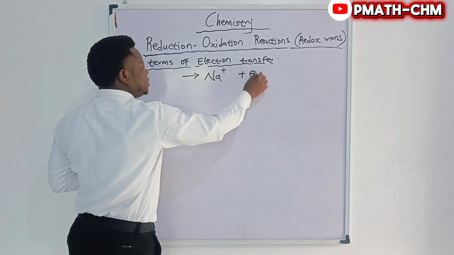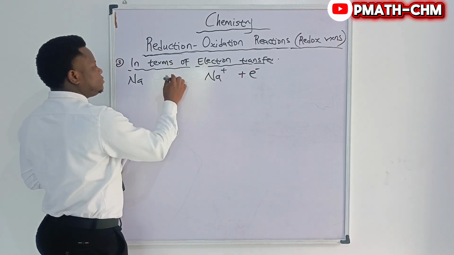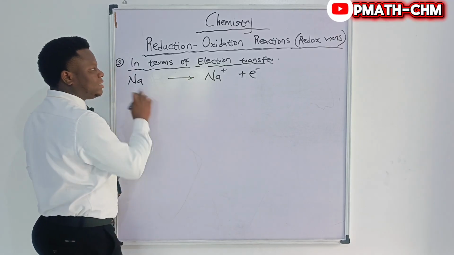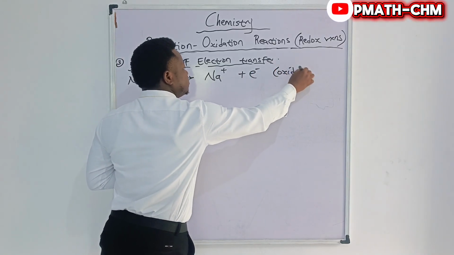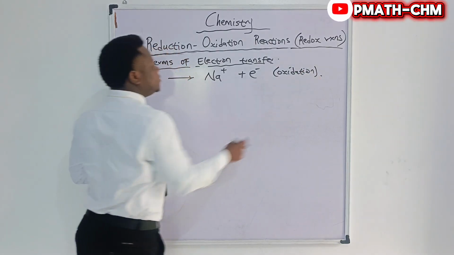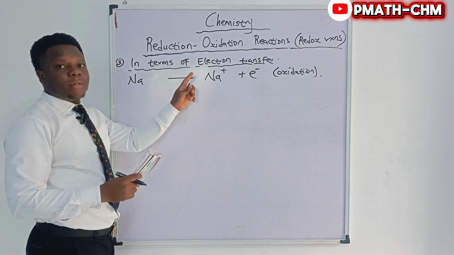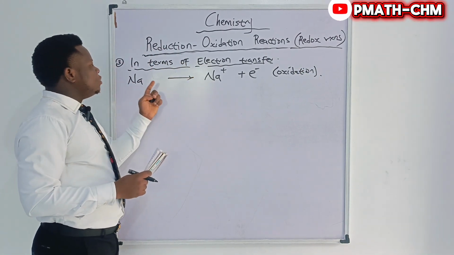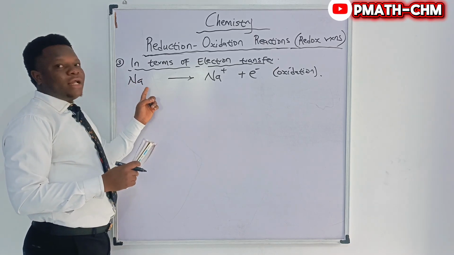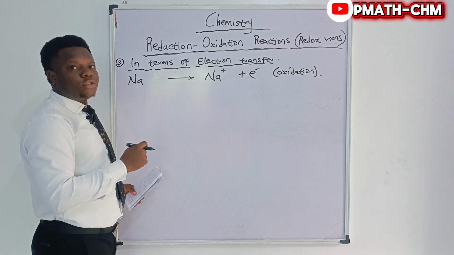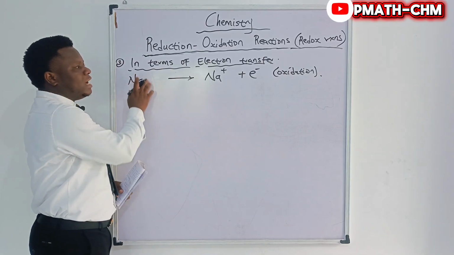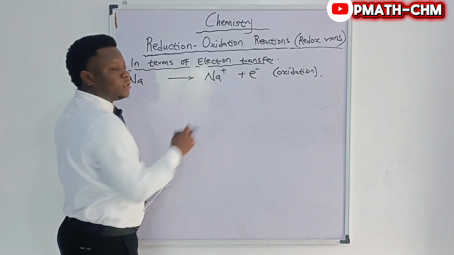The negative changes to positive. This process we call oxidation. So in terms of electron transfer, oxidation is defined as any process that involves a loss of electrons. So a substance is oxidized if it loses electrons.